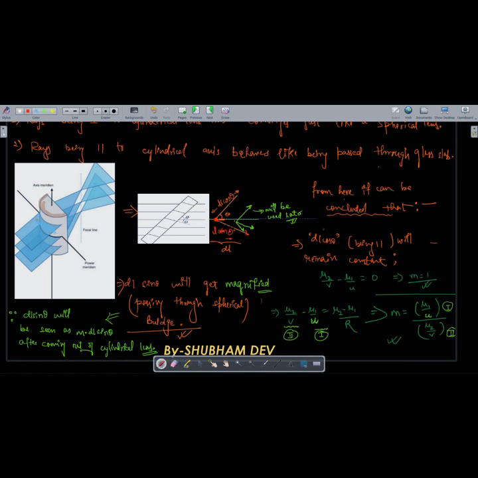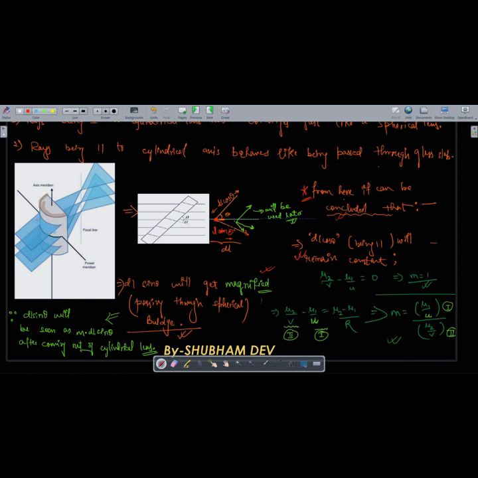So if we move on, from here we can conclude that dl cos theta, being parallel, will remain constant, and this dl sin theta will get magnified. Two conclusions we have made till now.